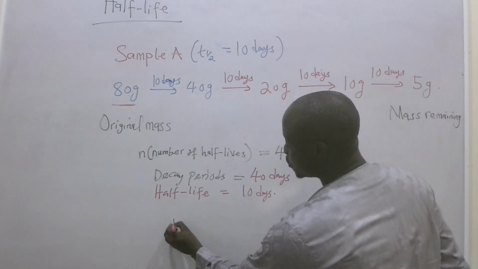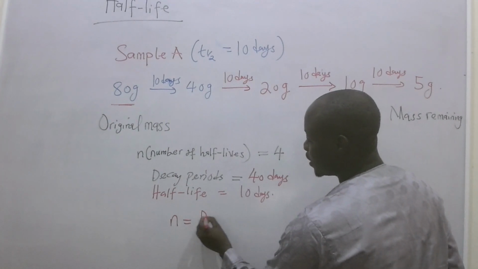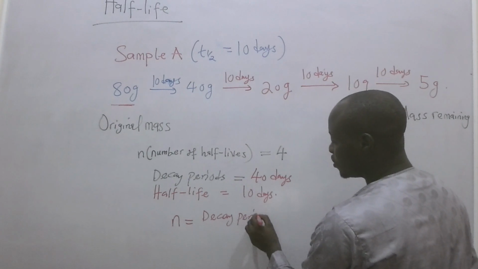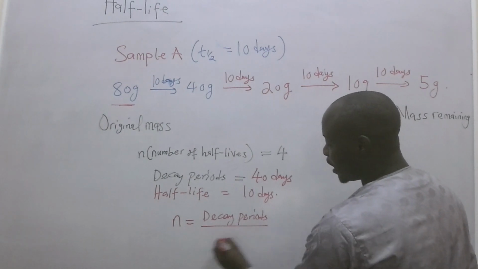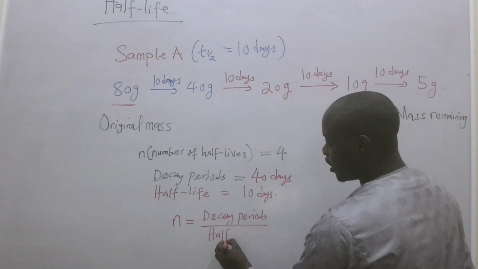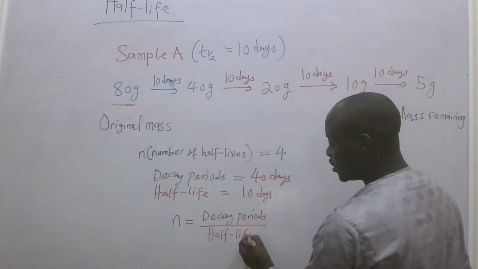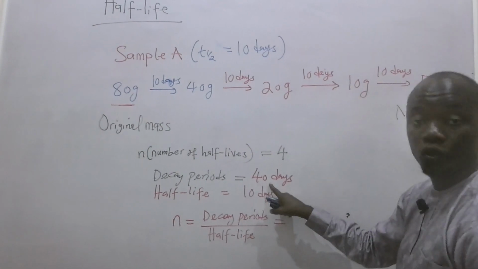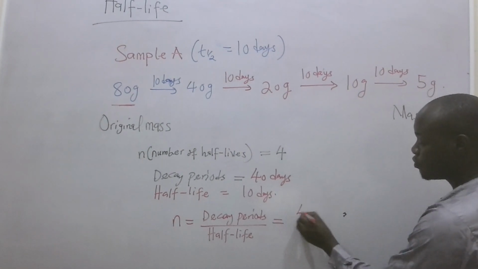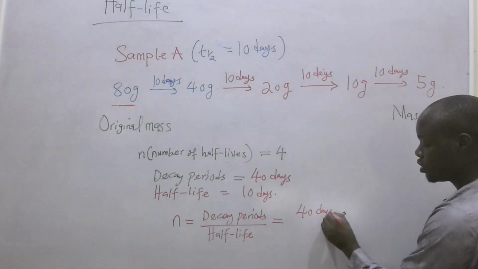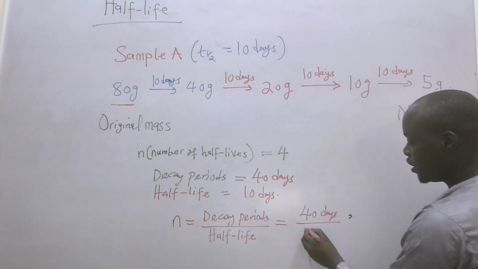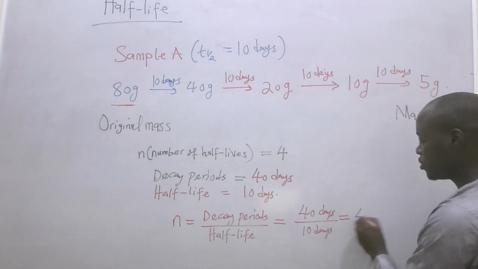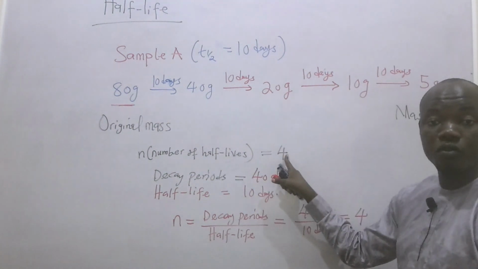So therefore, N is equal to decay period divided by half-life. Now our decay period is 40 days, divided by 10 days, and this will give us 4.